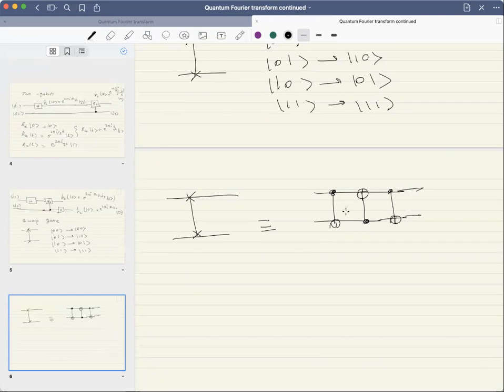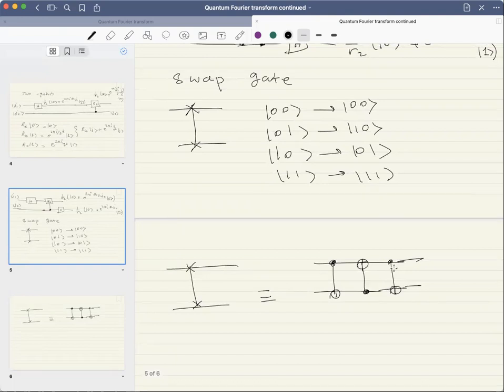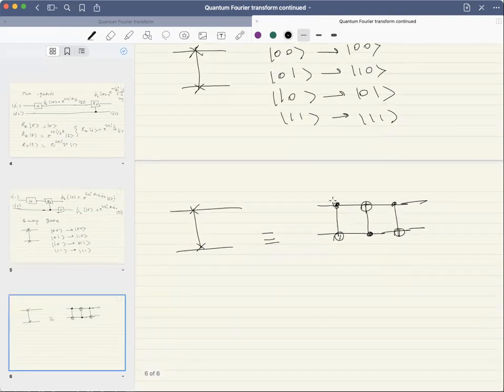Okay, so let's look at the states at various stages here. So here, if I have 0, 0, nothing happens, so that remains 0, 0. Again, nothing happens.